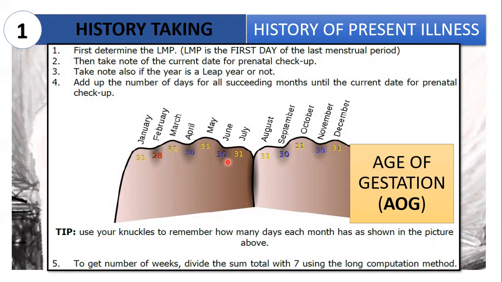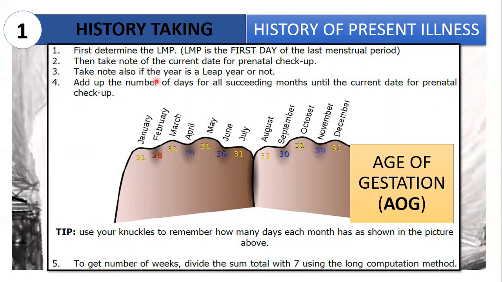Here now is the computation of the age of gestation. First, we have to determine the last menstrual period, and this is the first day of the last menstrual period of the patient. After that, we take note of the current date for prenatal checkup, and also note if the year is a leap year or not.